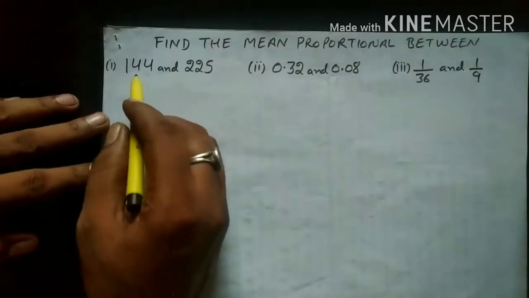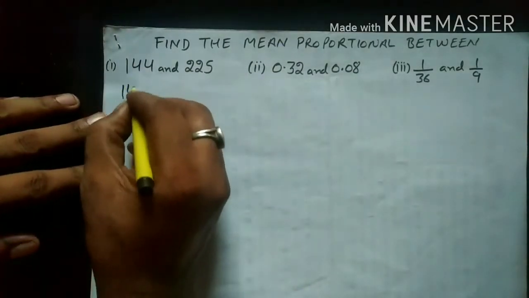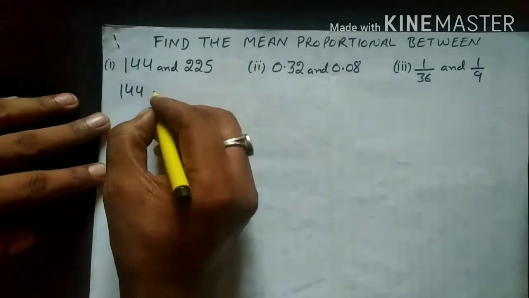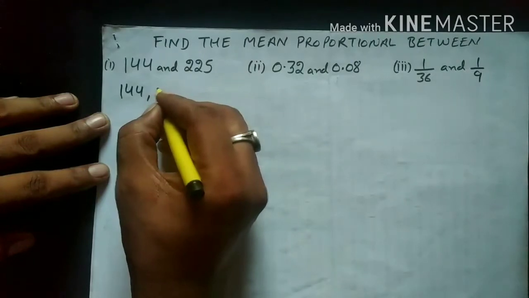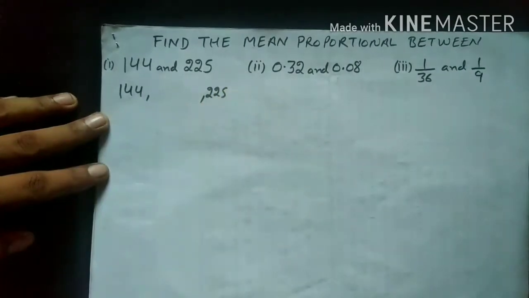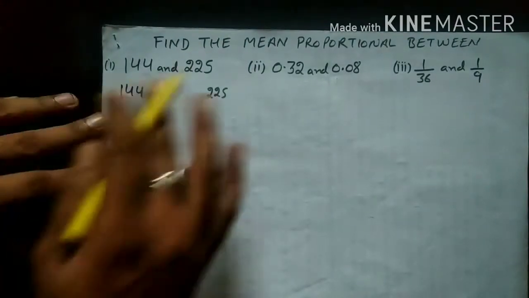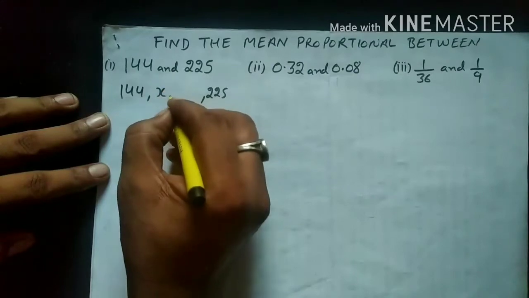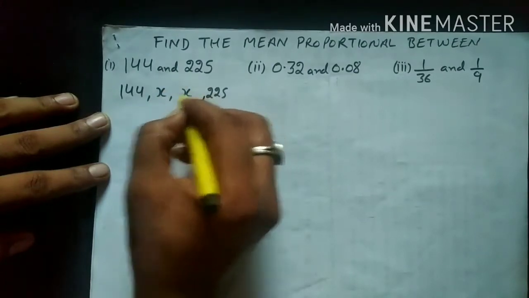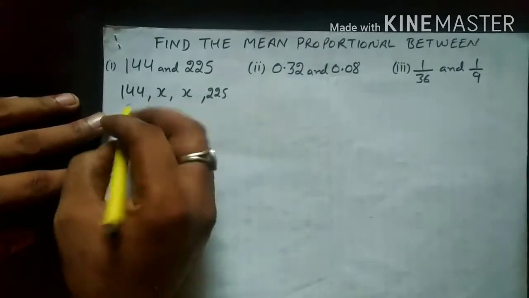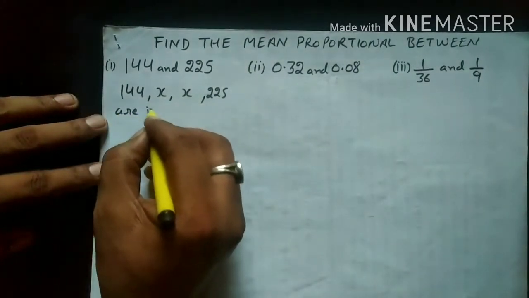So here 144 is the first term, and 225 is the last term. Now the mean terms are missing, so I will write x and x, both the same, in proportion.